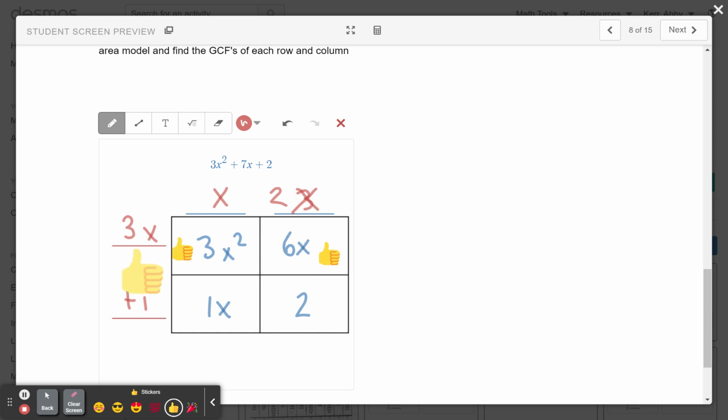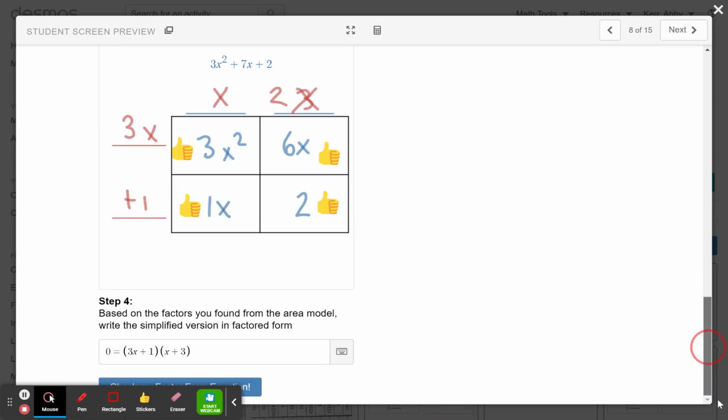If I didn't rush, 3x times 3 would be 9x, and that would not work. 1 times x is 1x. 1 times 2 is 2. So that was my fault. So let's check. Instead of plus 3, it should be a plus 2. All right, fantastic. And it doesn't matter which parenthesis goes where.